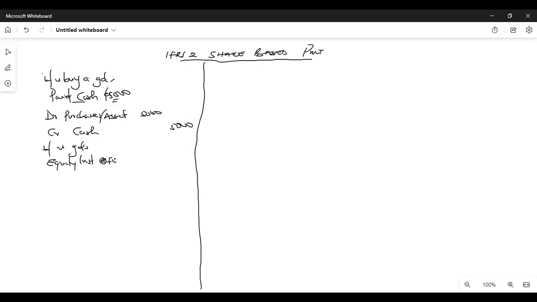So let's say the fair value is 5,000. What do you think the double entry will be? Yes, the same thing, but this one I didn't pay cash. I said, please, you have an equity stake for 5,000. What do you think the double entry will be?